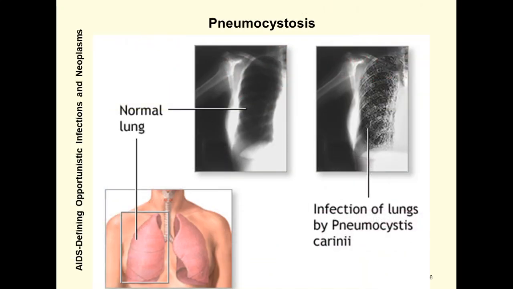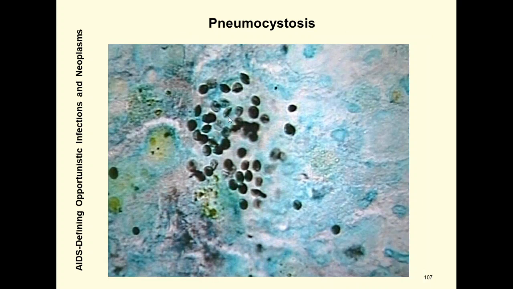Next one, pneumocytosis, so infection of the lung by, as you see, Pneumocystis carinii. A specific stain can show us the exact cause of this situation.